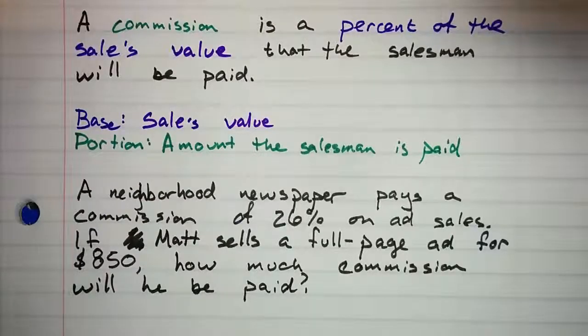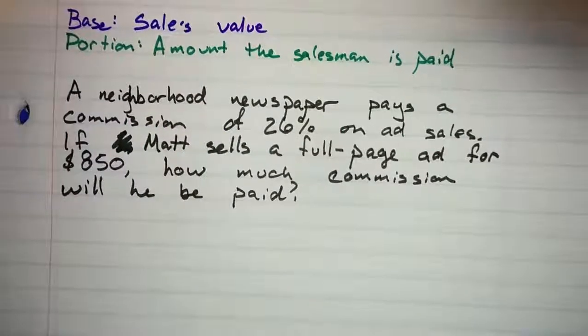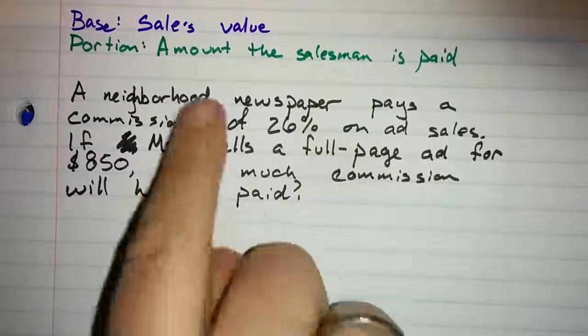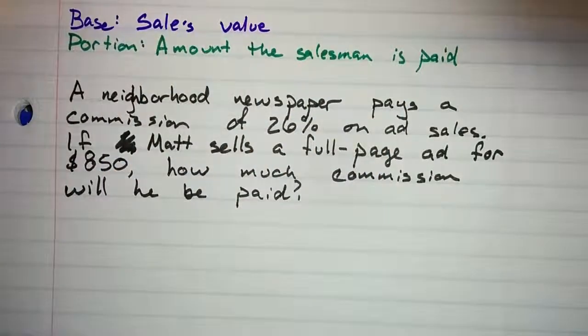Suppose a neighborhood newspaper pays a commission of 26% on ad sales. If Matt sells a full-page ad for $850, how much commission will he be paid? Because this is a commission, the base is always the sales value, and the portion is always the amount the salesman is paid.